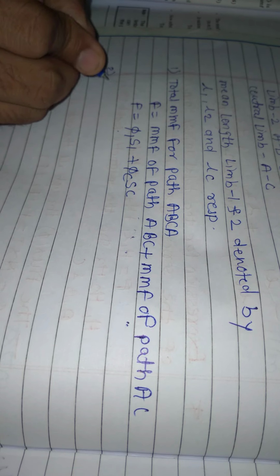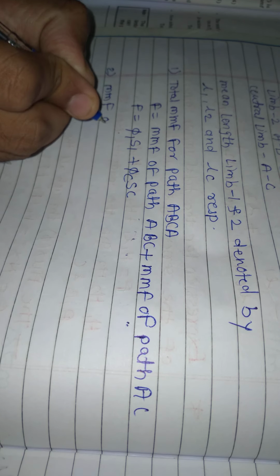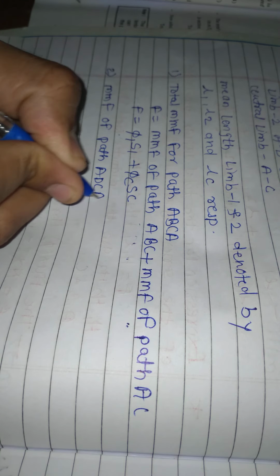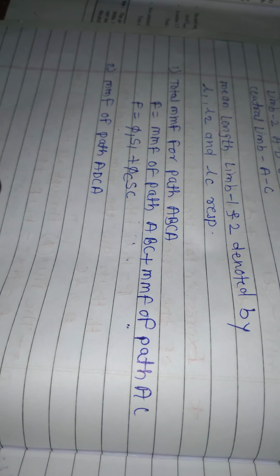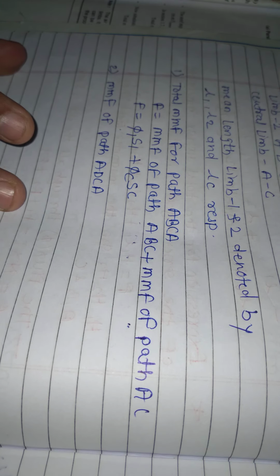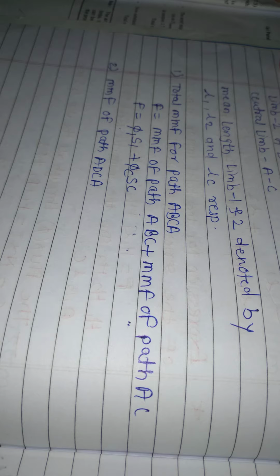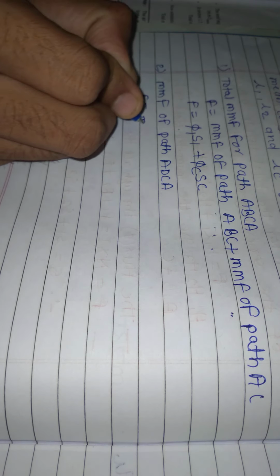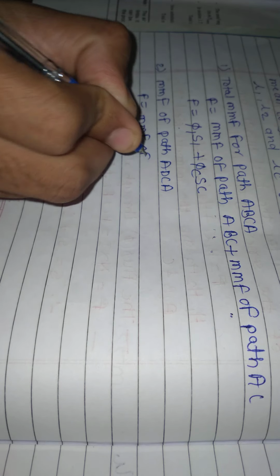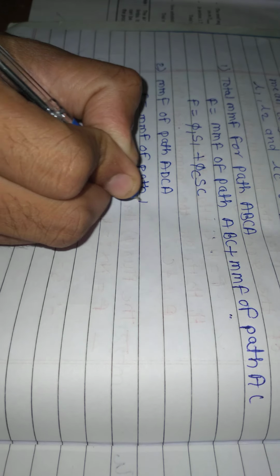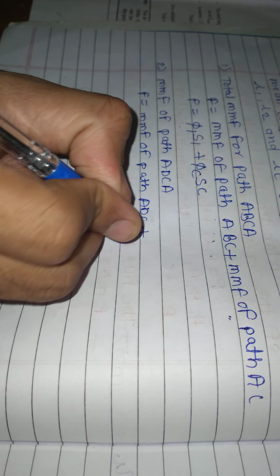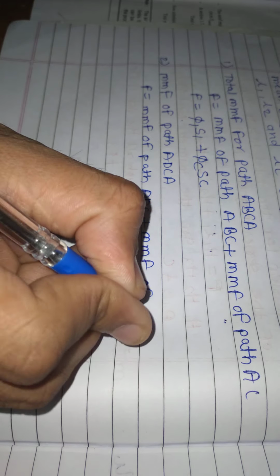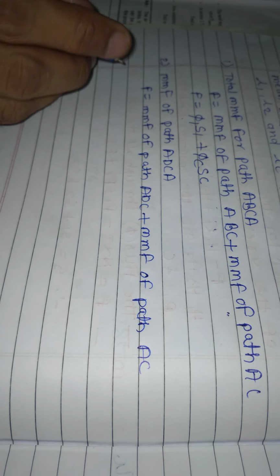Second, MMF of path ADCA for the second limb and central limb. F is equal to MMF of path ADC plus MMF of path AC.